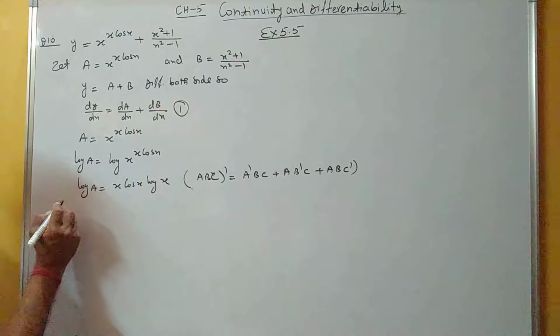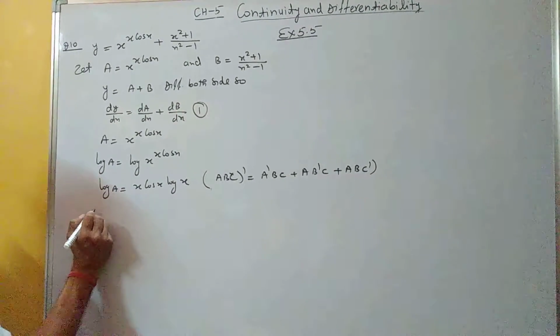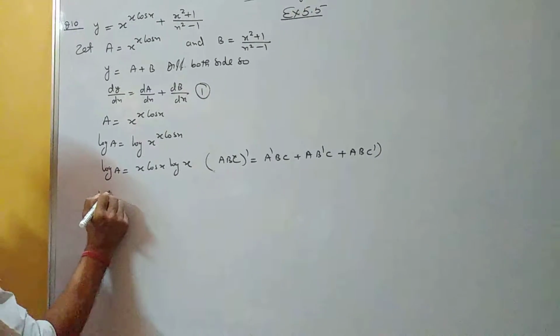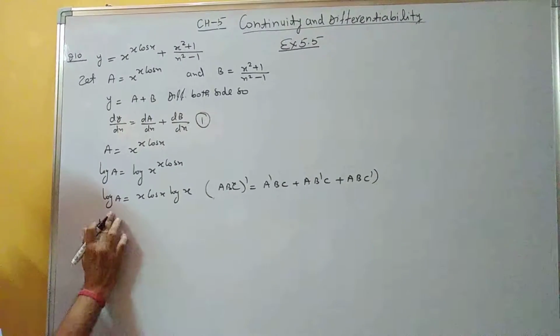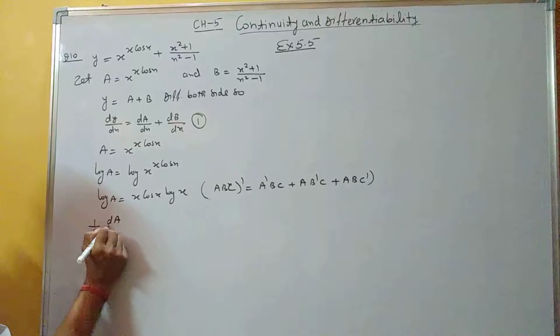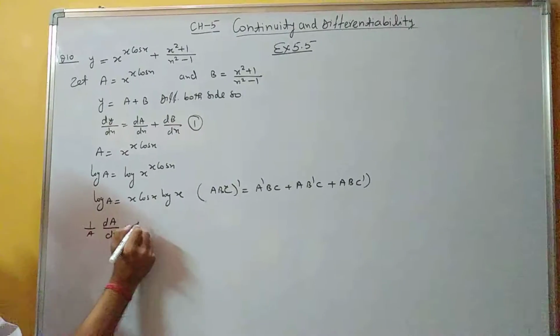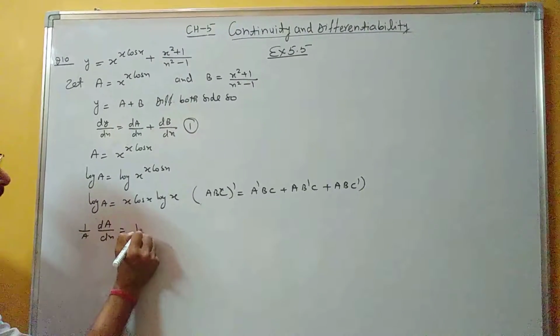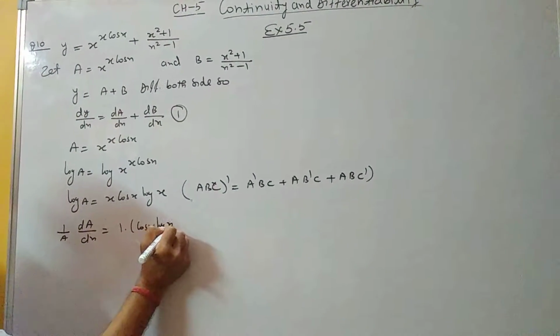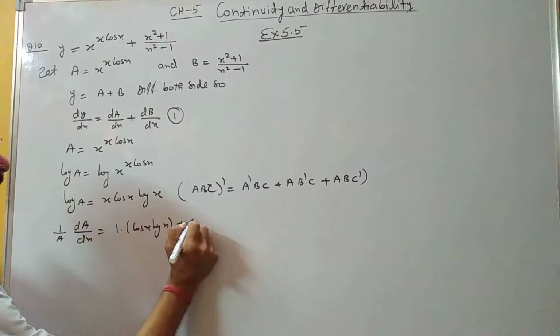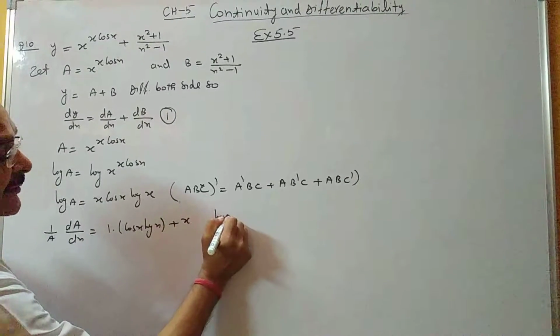So, differentiate with respect to x. 1 upon a is the differentiation of log a, and dA by dx. Differentiation of x is 1, other two is same, plus x log x is same.